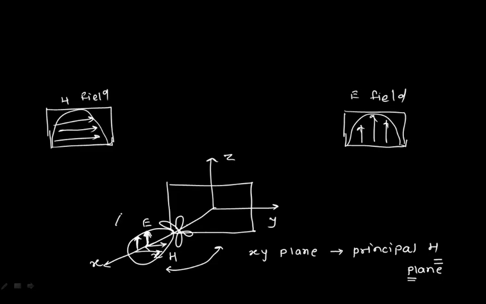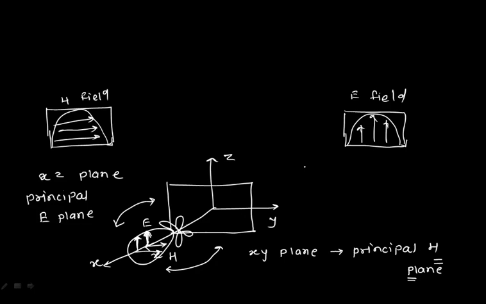So what about the XZ plane? In the XZ plane, you will find the electric field maxima present, and that's why this XZ plane will be called the principal E plane. Okay, so this is nothing but the concept of the principal planes. Once you understand that E and H, there is no need to always draw the 3D plot to understand what kind of parameters my antenna gives.